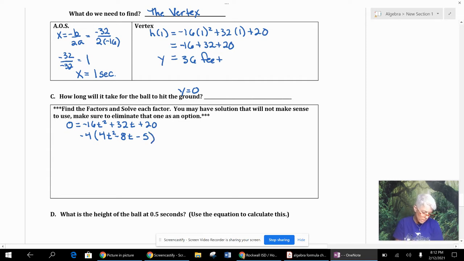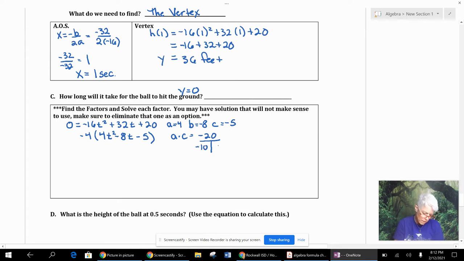Now I'm going to factor it. So if you remember everything we learned about factoring, A equals 4, B equals -8, C equals -5, A times C is -20. I'm going to factor that to get to -8.